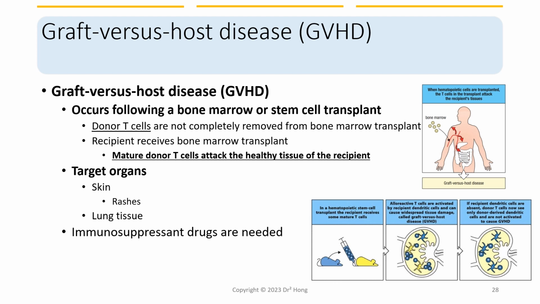These T cells can migrate to the secondary lymphoid tissue, get activated by dendritic cells, and mature to attack the healthy tissues of the recipient. The target organs most involved in graft versus host disease are skin and lungs. So immunosuppressant drugs are needed to prevent it from happening.